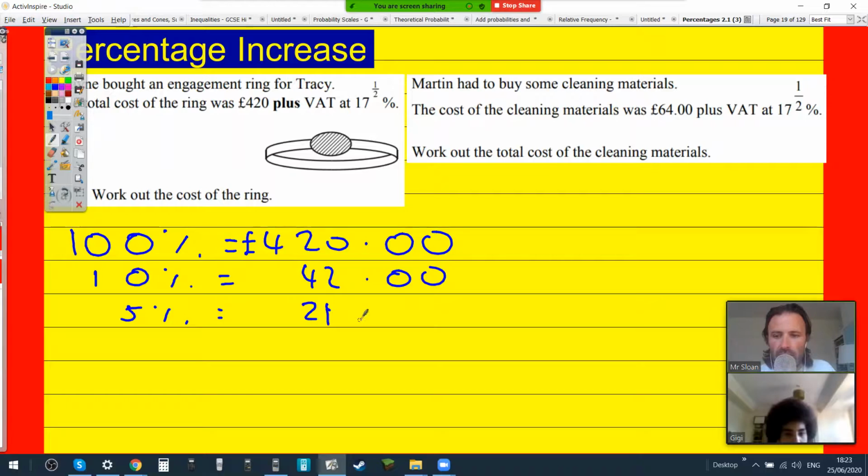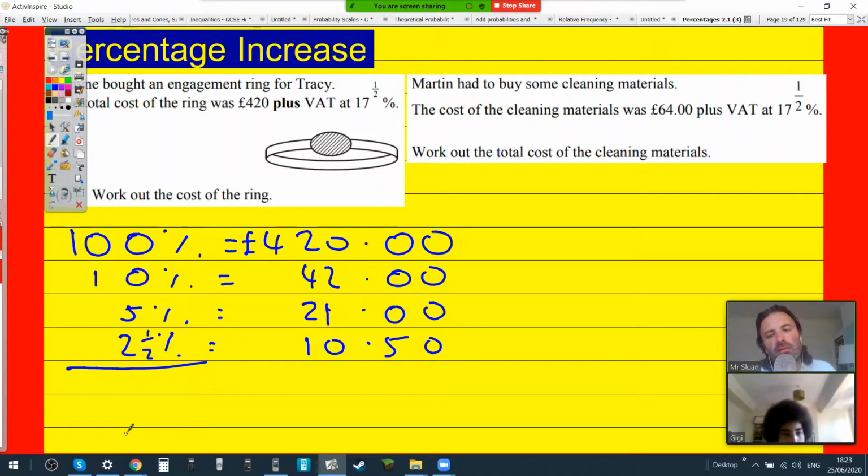And what is 2.5%? 10.5. That's it, £10.50. What is 10 plus 5 plus 2.5? 17.5. Yes, and because it's an increase, you have to add it to the original anyway, so all four you can just add together.